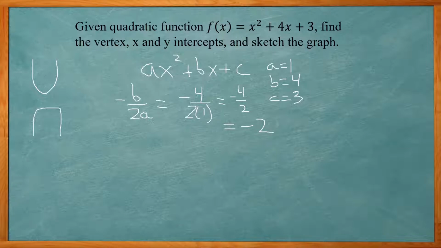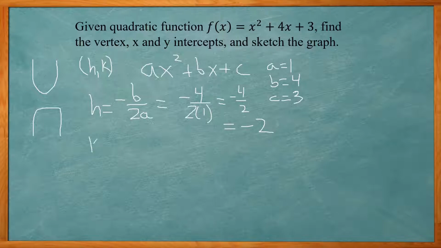Alright, so usually for the vertex they call it h comma k. And what we just found was h, or basically the x-coordinate of the vertex.